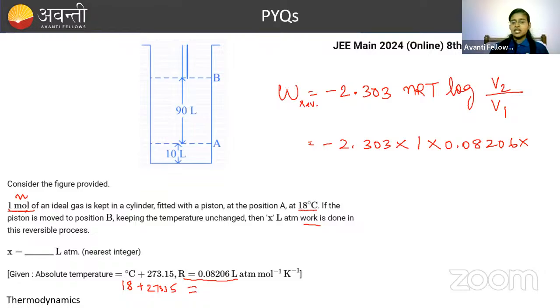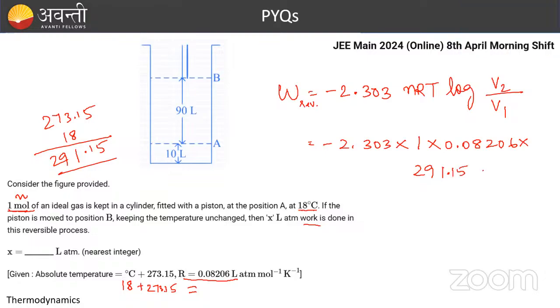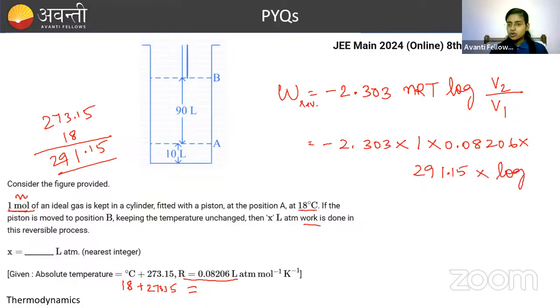So the temperature value will be 273.15 plus 18, which is 291.15, into log of V2.